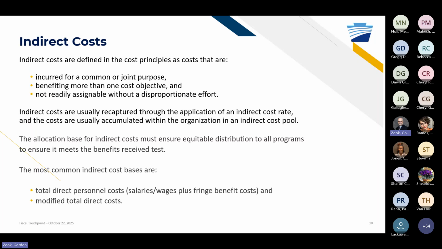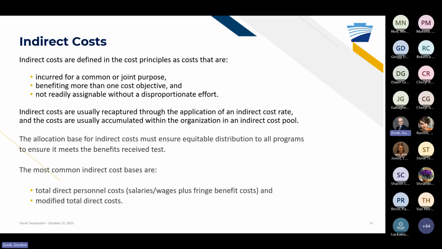The cost principles define indirect costs as those costs that are, number one, incurred for a common or joint purpose. They benefit more than one cost objective, and they're not readily assignable without disproportionate effort. In other words, it would take way too much time, cost, and energy to determine how each particular program benefited from these costs, and that has been determined not to be worth it.